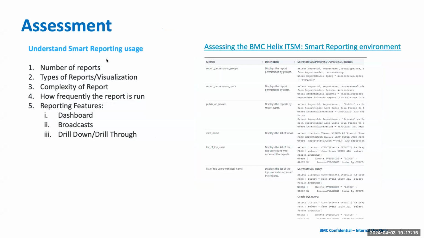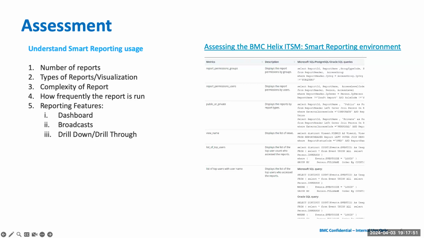When we do this assessment, what we are essentially doing is executing certain SQL queries to extract all these data points. And there are a lot of these queries listed in the Helix dashboard documentation. So I highly recommend you go through that documentation link to see what aspects of your smart reporting usage you want to extract.